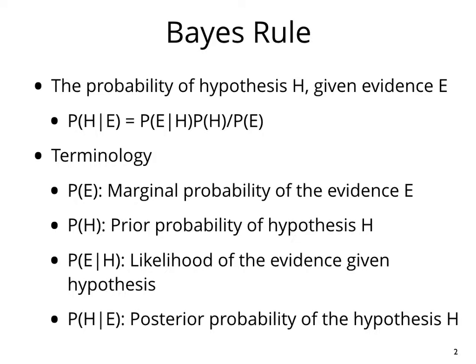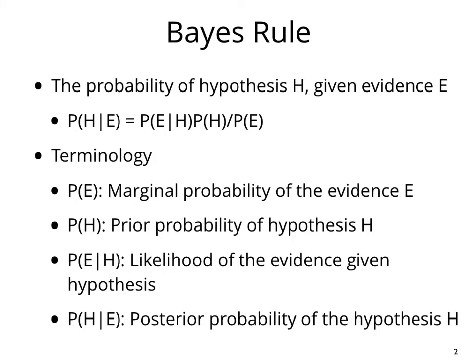So the probability of a hypothesis given evidence can be written as the probability of evidence given hypothesis multiplied by the probability of the hypothesis and divided by the probability of evidence.